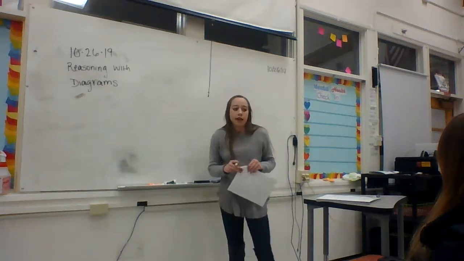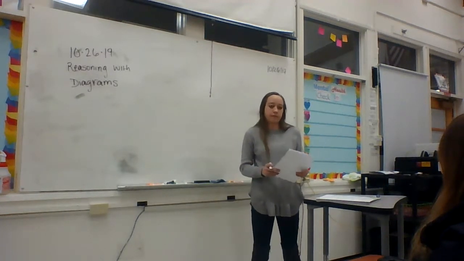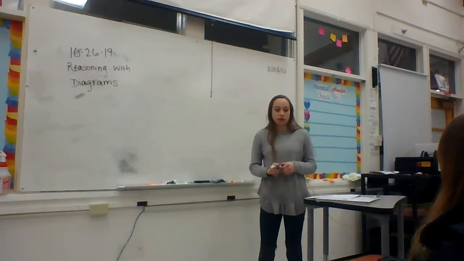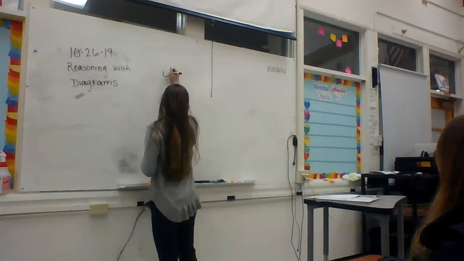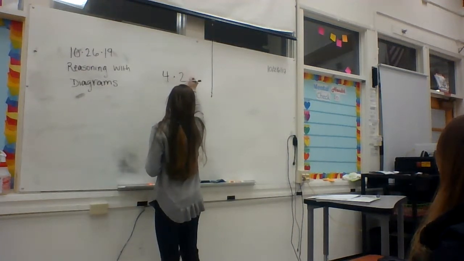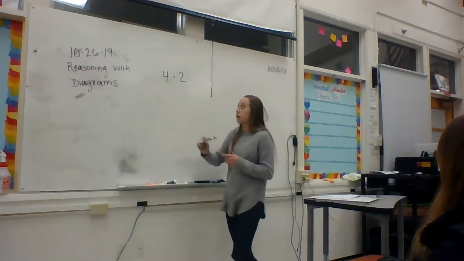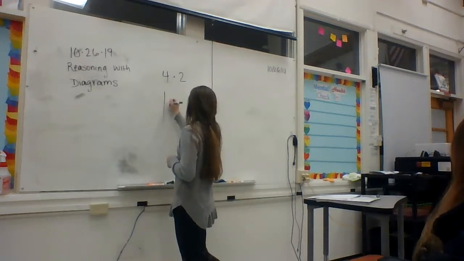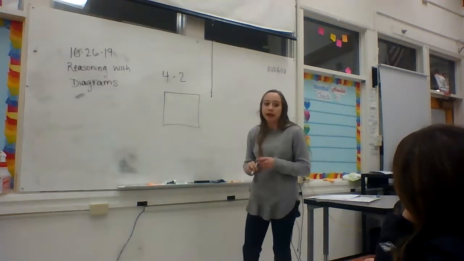So let's pick an equation. Pick any equation you want. Expression. Multiplication, subtraction, division. 4 times 2. If we do 4 times 2, we can do a number of things. We can do boxes. So how many columns am I going to have?